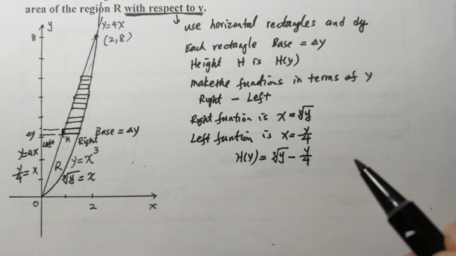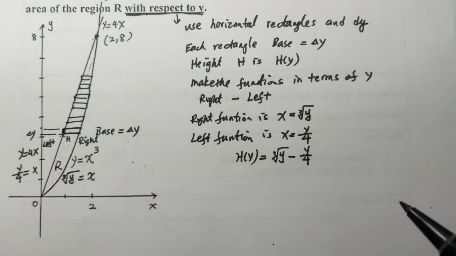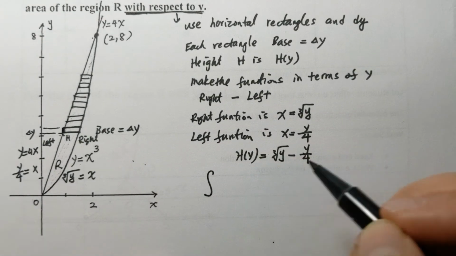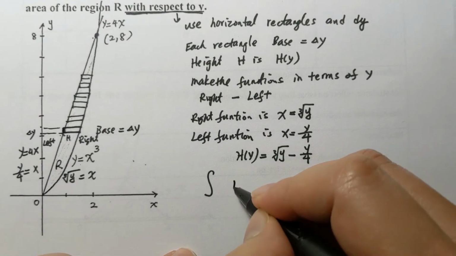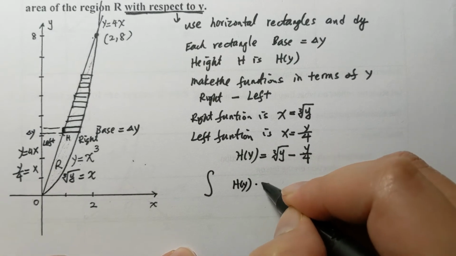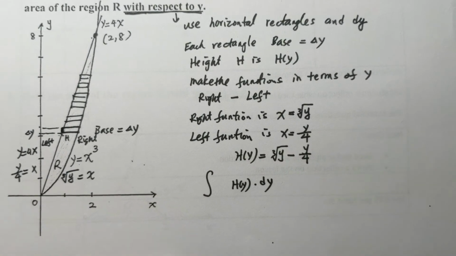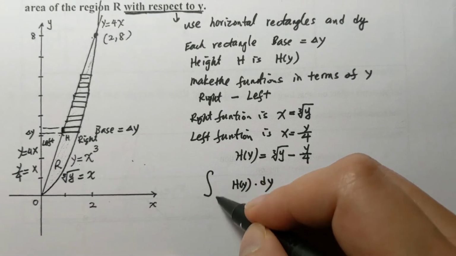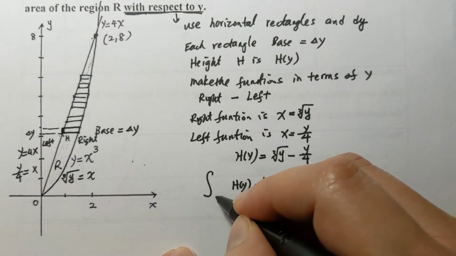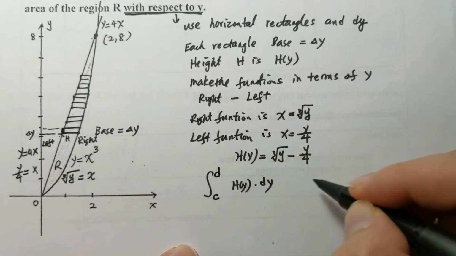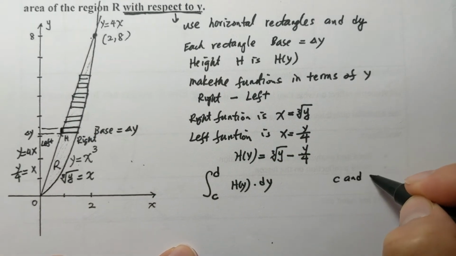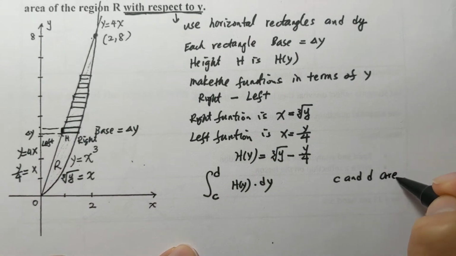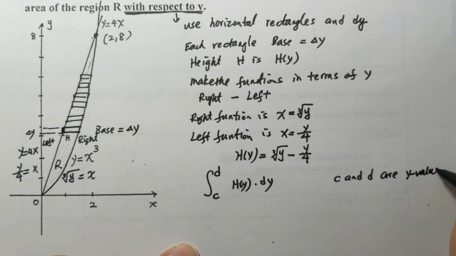So now, using the same idea, integral, you got h of y and dy. That comes from the Riemann sum. And over here, it cannot be x values, so it has to be y values. So it's c to d. C and d are y values.